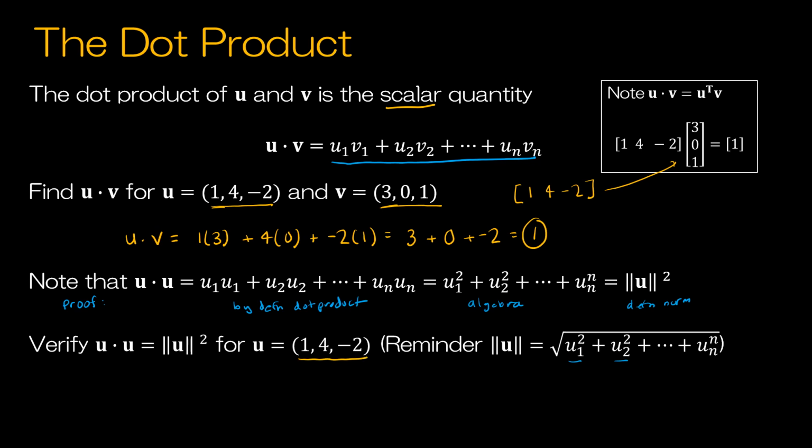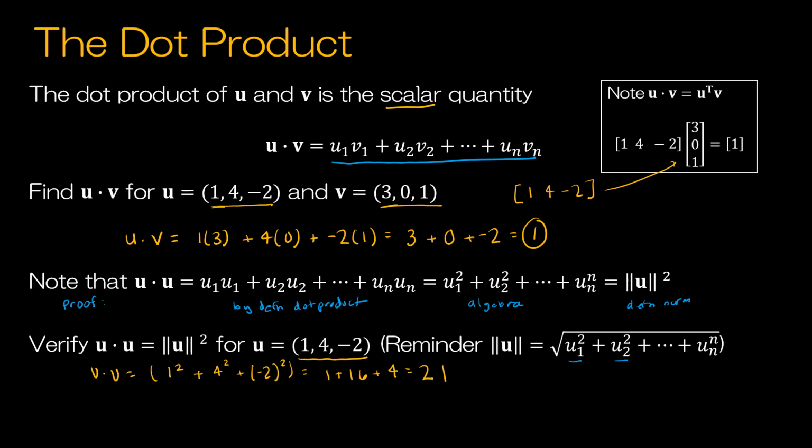So if I take u dot u, it says to take 1 times 1, which is 1 squared, and then add 4 times 4, or 4 squared, and then add negative 2 times negative 2, or negative 2 squared. Well, that gives me 1 plus 16 plus 4, or 21.